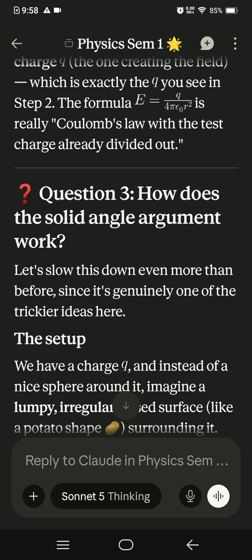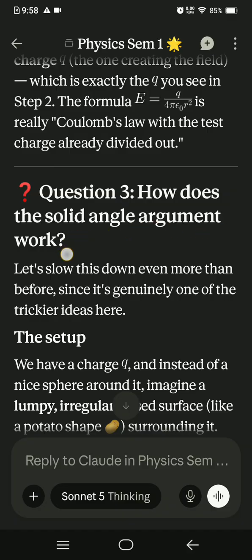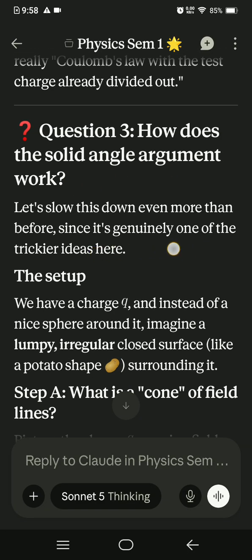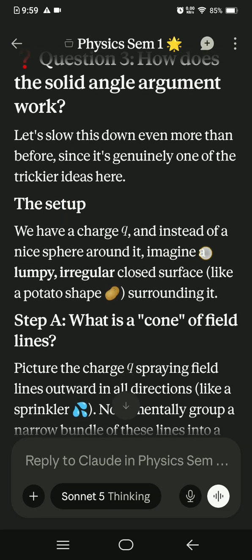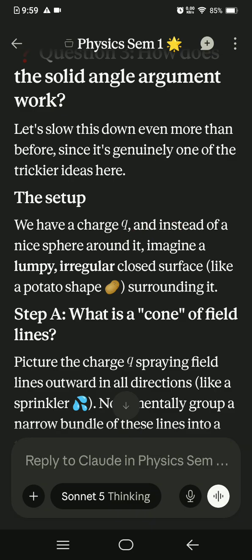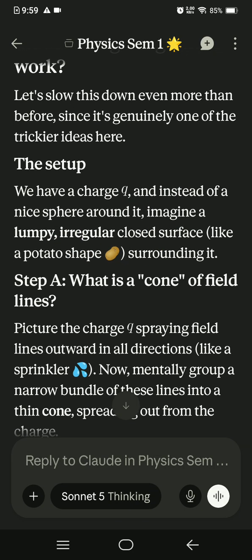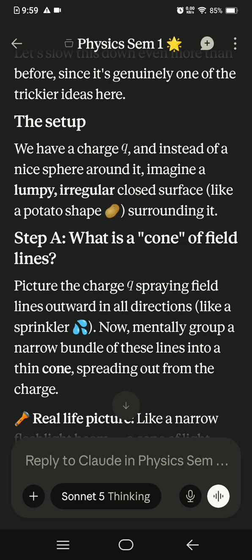Okay, question 3. How does the solid angle argument work? Let's slow this down even more than before, since it's generally one of the trickiest ideas here. The setup: we have a charge q, and instead of a nice sphere around it, imagine a lumpy irregular closed surface, like a potato shape, surrounding it. What is a cone of field lines? Imagine the charge q spraying field lines outward in all directions like a sprinkler.